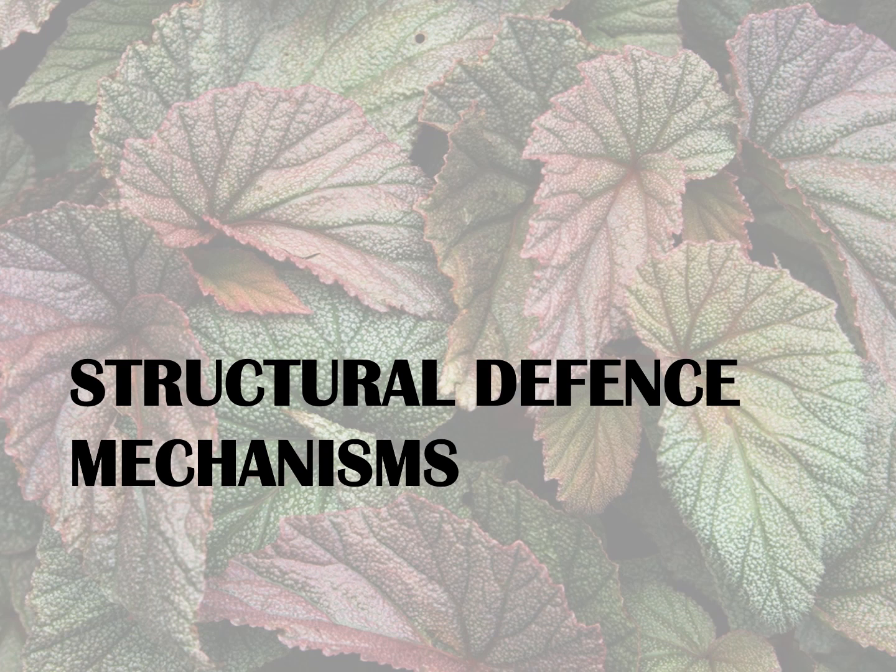The entry of the pathogen, as we have already studied, can be through natural openings or artificial openings, or if it is a fungus, by direct penetration. Once the pathogen enters inside, there are internal structural barriers which block the spread of the pathogen inside the tissue.